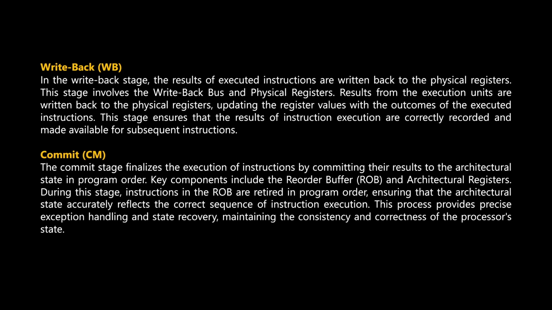During this stage, instructions in the ROB are retired in program order, ensuring that the architectural state accurately reflects the correct sequence of instruction execution. This process provides precise exception handling and state recovery, maintaining the consistency and correctness of the processor's state.